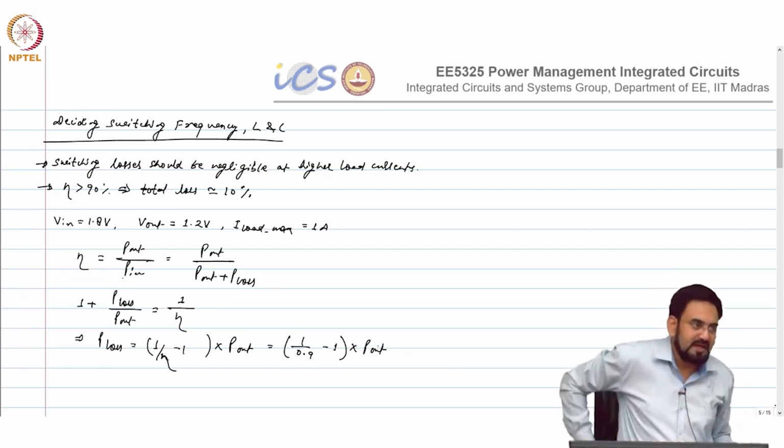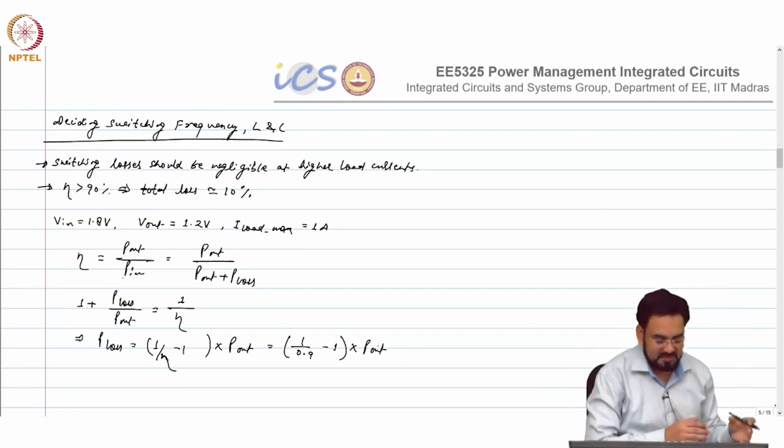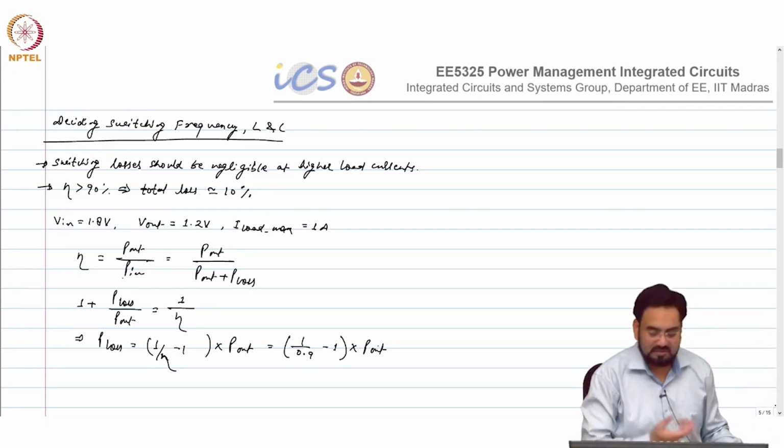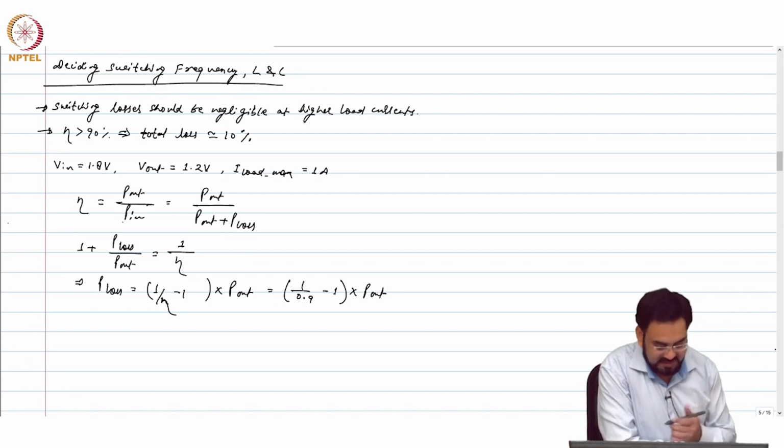If it's 90%, then 10% of your total power is dissipated. So there will be maybe 1% error also. But upfront, that should be the number. So this comes to close to 11%.